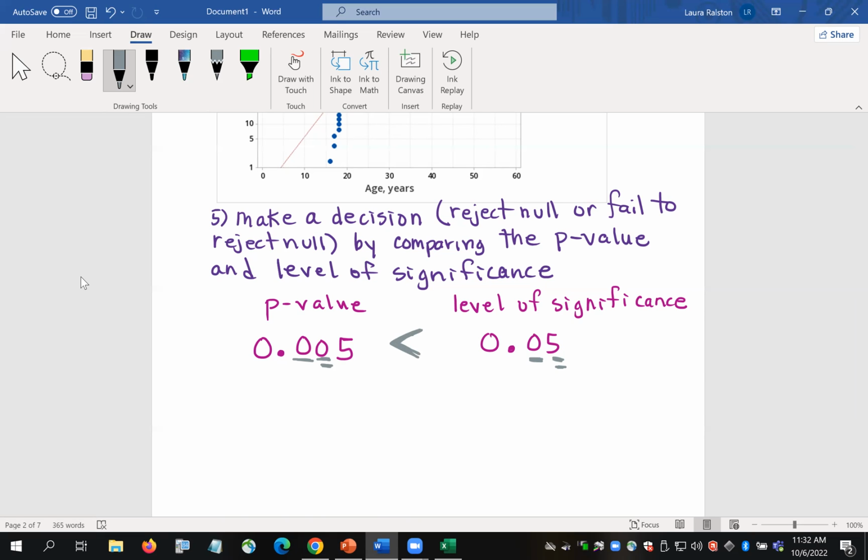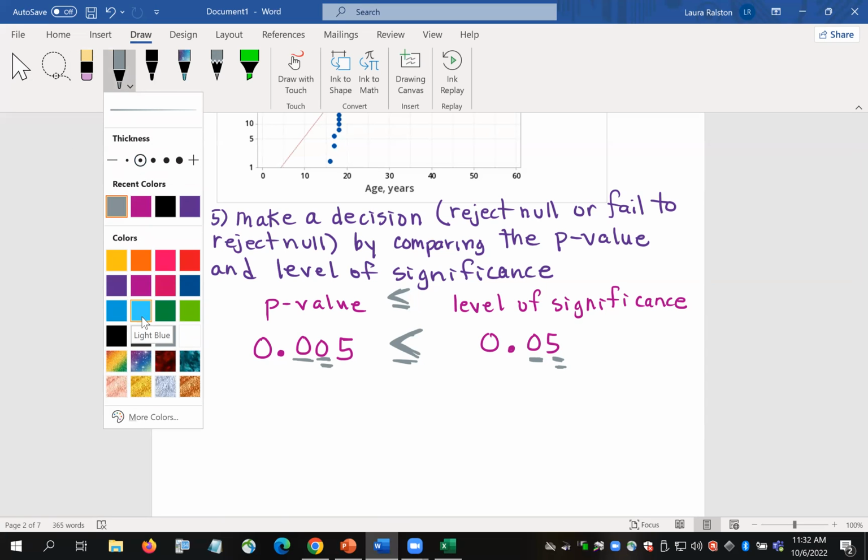And since 0 is less than 5, that means that 0.005, the p-value, is less than 0.05, which is the level of significance. So my p-value is less than, the rule says less than or equal to the level of significance.